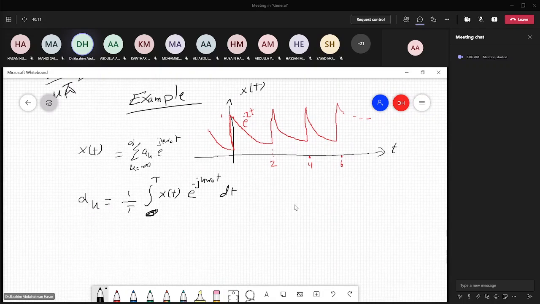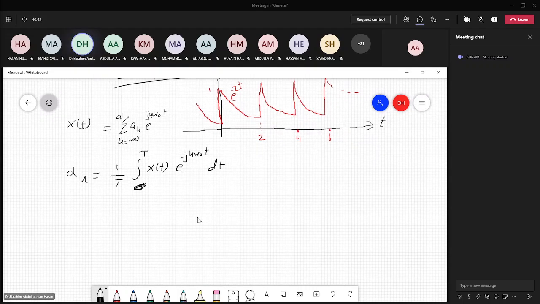If the question is find Fourier series x of t for this one, or find coefficient, or sketch spectrum, the best is to go to form number 1 and find AK first. Of course, if they don't ask for the Fourier series, then you don't need to write x of t, it's enough to find AK.